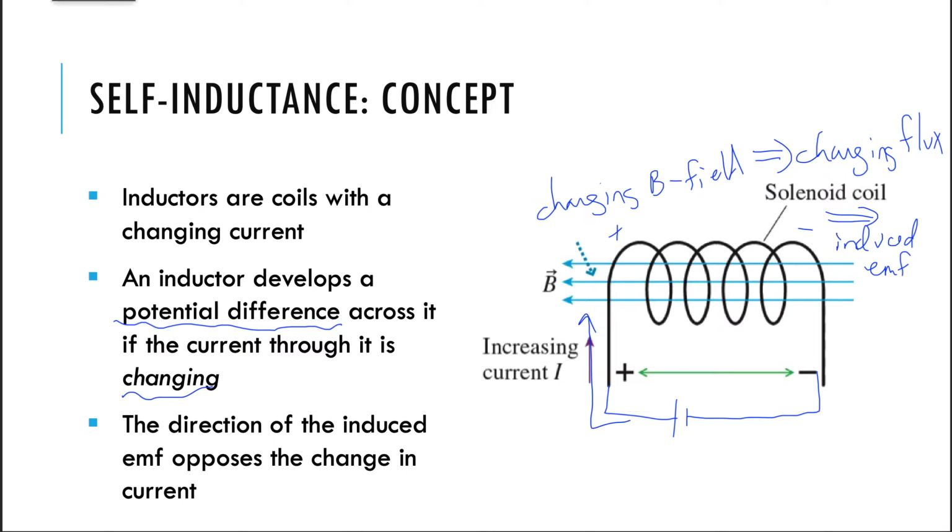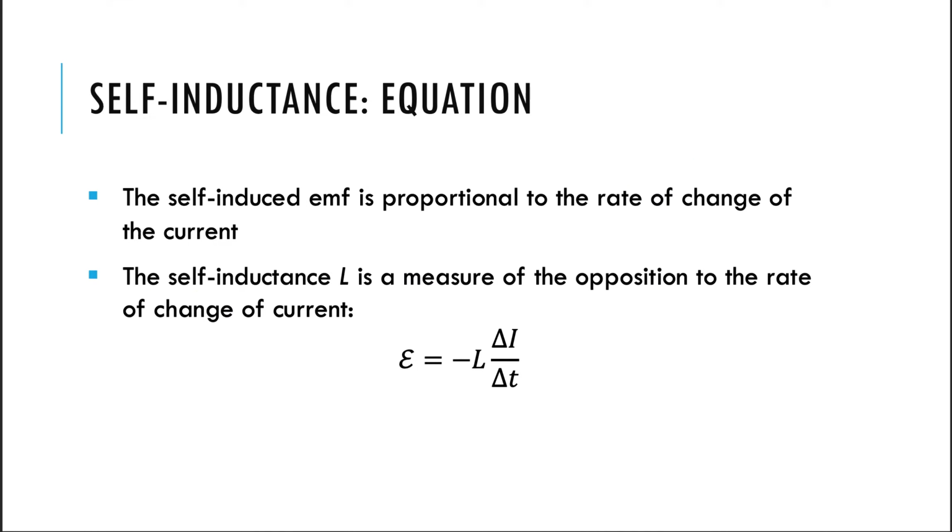Let's look at the equation for self-inductance. You can think of it as the self-inductance of your inductor determining how well it opposes that changing current. The self-induced EMF is proportional to the rate of change of the current, so the EMF is proportional to how quickly the current is changing.